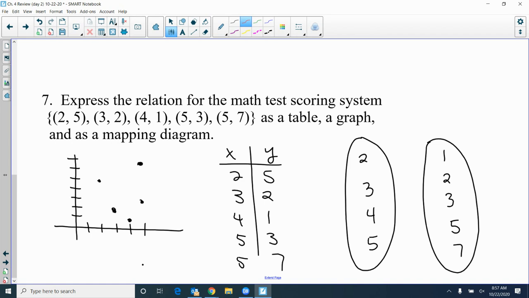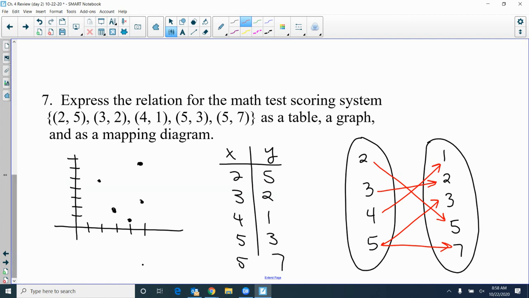So 2 goes to what? 2 goes to 5. Make sure you have an arrowhead on that. And then 3 goes to 2. And then 5 goes to 3. 4 goes to 1. 5 goes to 7.